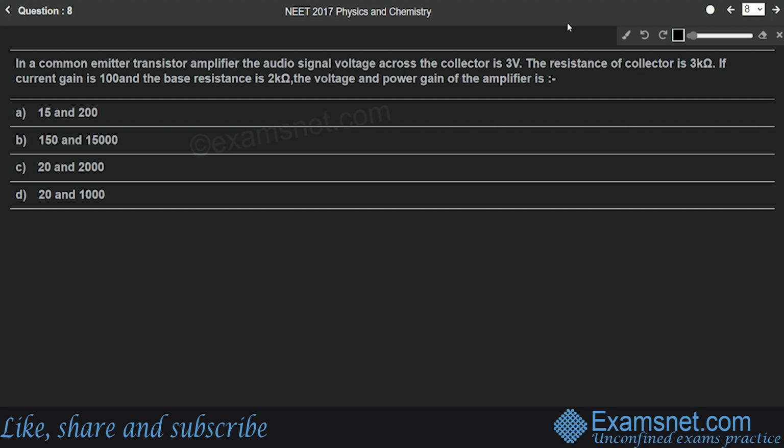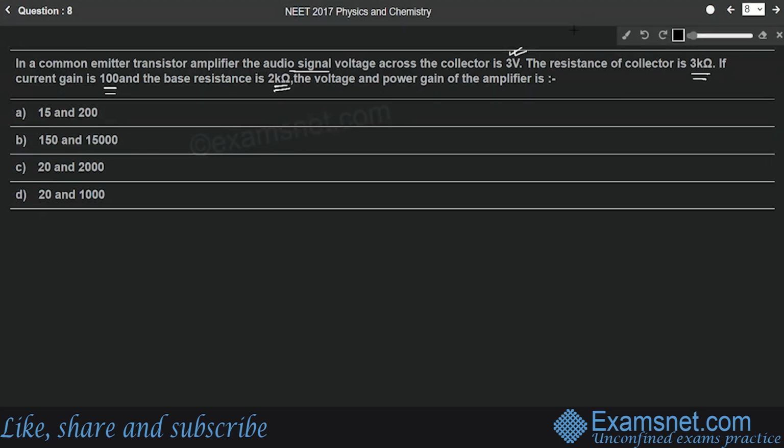Question number 8 is from the chapter Semiconductor Electronics, and the question is, in a common emitter transistor amplifier, the audio signal across the collector is 3 volt. The resistance of the collector is 3 kilo ohm. If current gain is 100 and the base resistance is 2 kilo ohm, then the voltage and power gain of the amplifier is.